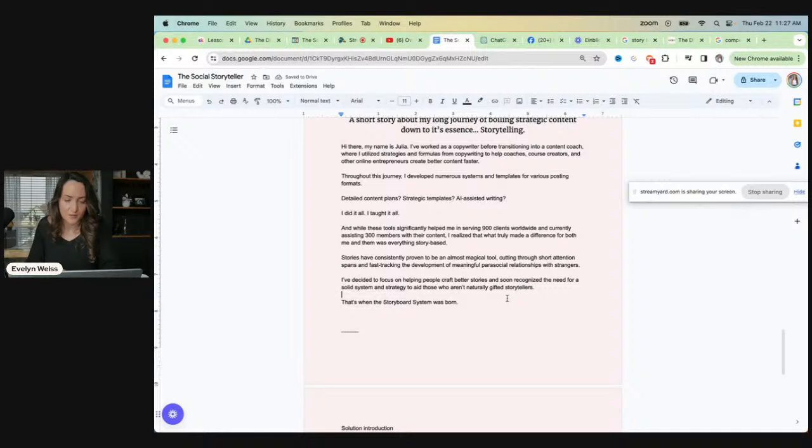I've decided to focus on helping people craft better stories and soon recognize the need for a solid system and strategy. The storyboard tool and method was born.